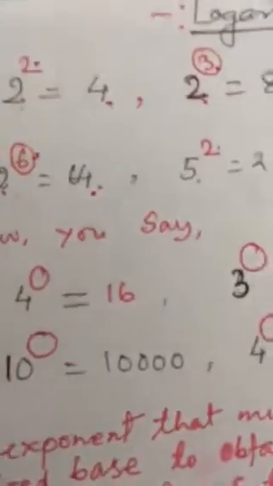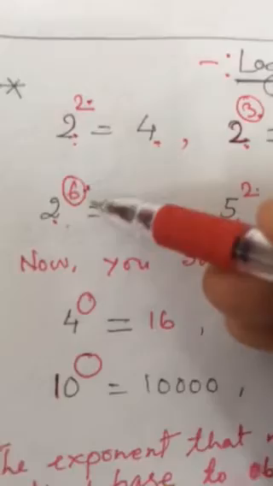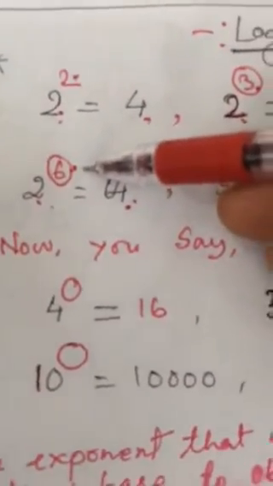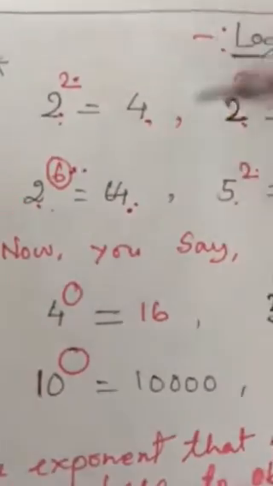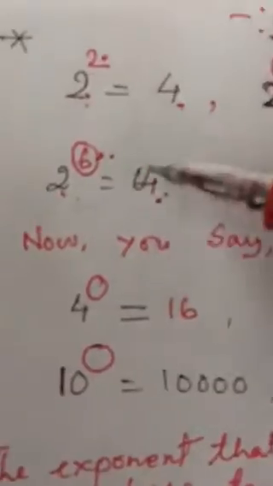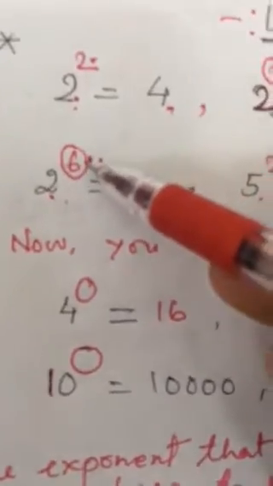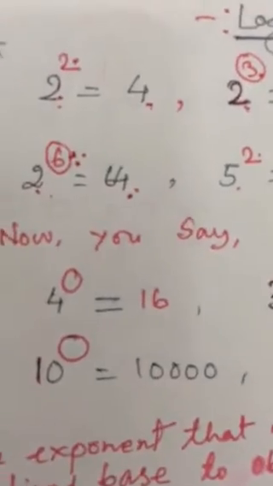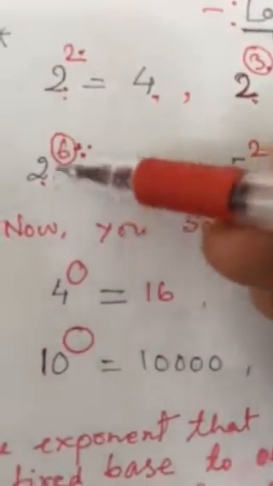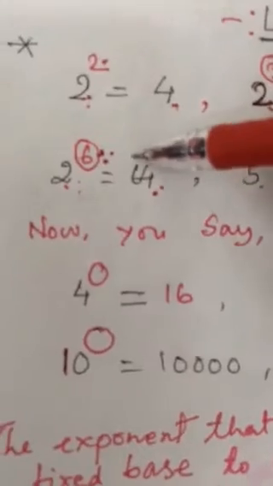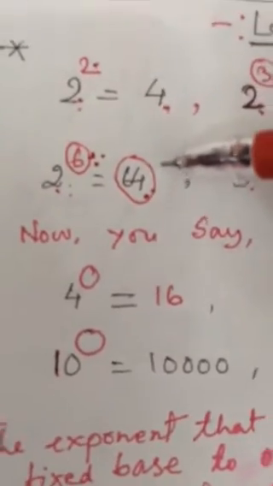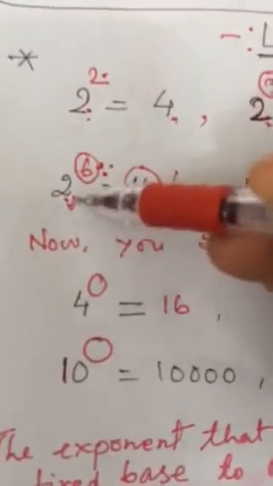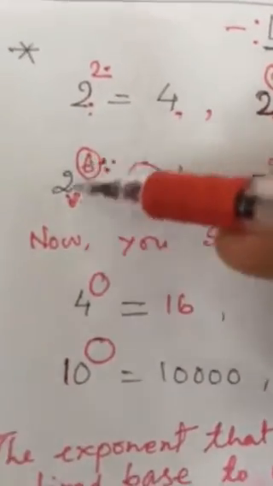The exponent that must be raised as power to a fixed base to obtain a fixed value. Like if I say, to obtain 64 with base 2, what power should be raised to this base?